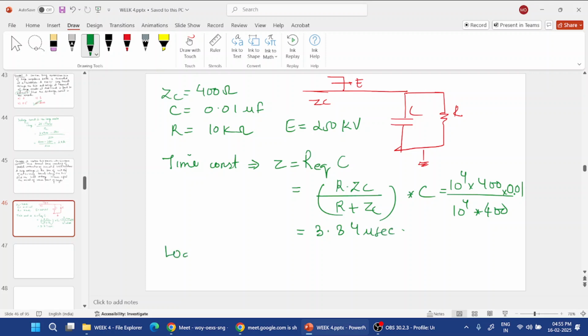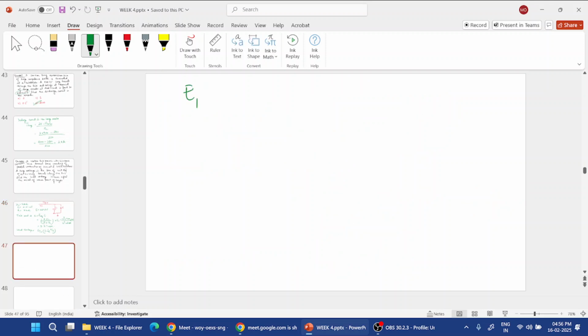So the load voltage e(t) is equal to E_T0 into 1 minus e to the power minus t by tau, where E_T0 is the voltage at the load end when the capacitor is in the open circuit state. First we calculate E_T0, which is equal to 2 times E multiplied by R upon R plus ZC. So 2 into 250 into 10 raised to the power 4, divided by 10 raised to the power 4 plus 400.